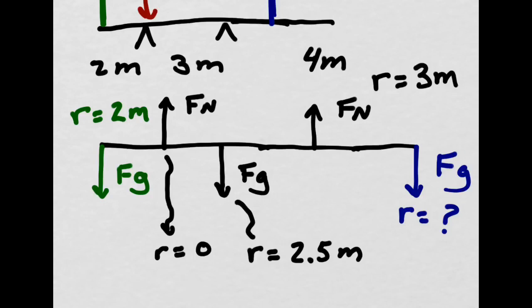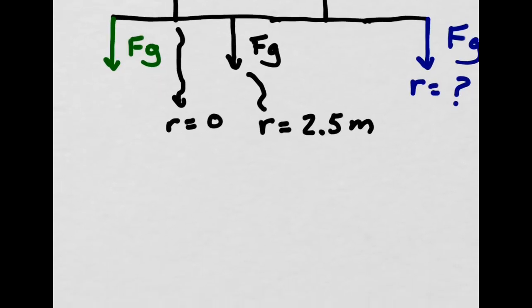In order to find the normal force, this is also unknown here. This one doesn't matter because the torque here is going to be 0, so we don't need to find that normal force. But we have to do the sum of all the forces and the sum of all the torques. The sum of all the forces in the y direction is equal to 0 because we're in equilibrium.